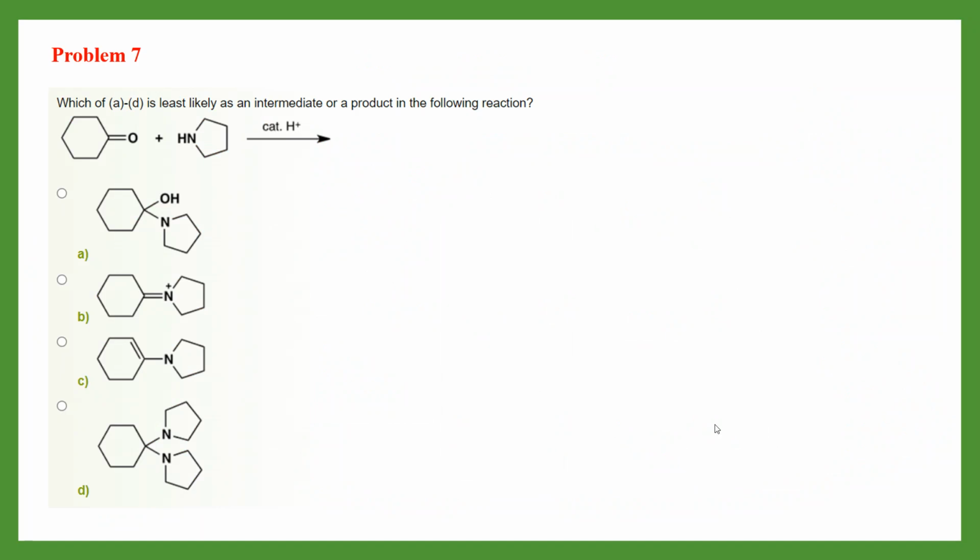Problem number 7. Which of the following among A to D is least likely as an intermediate or a product in the following reaction? So, just a few minutes before I told you the mechanism of this problem. Just try. Among all these species, which atom is going to abstract this proton? Obviously, this carbonyl.